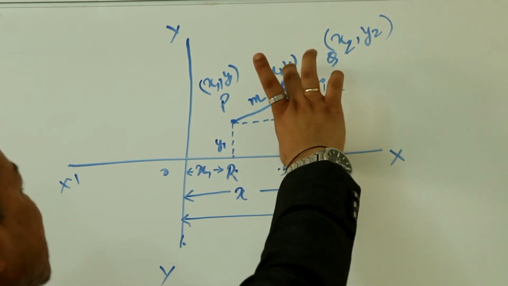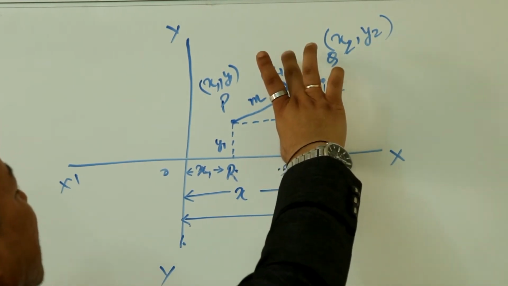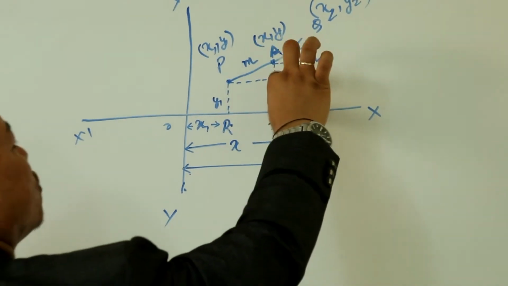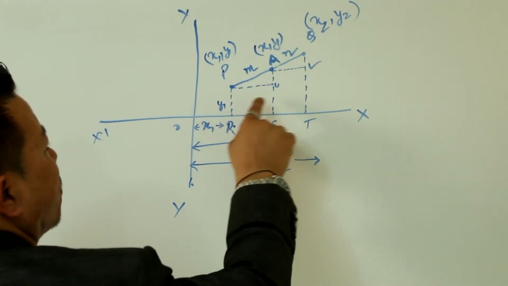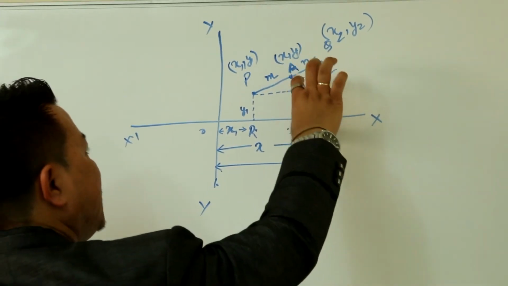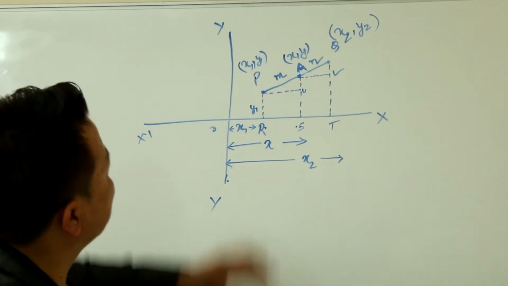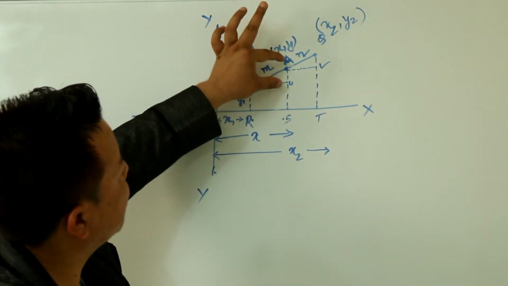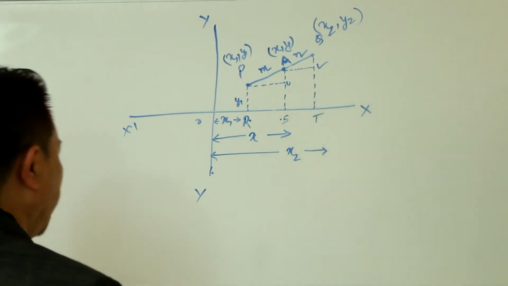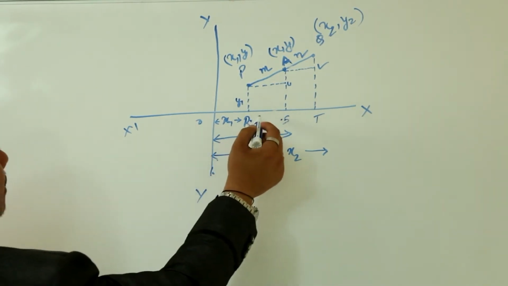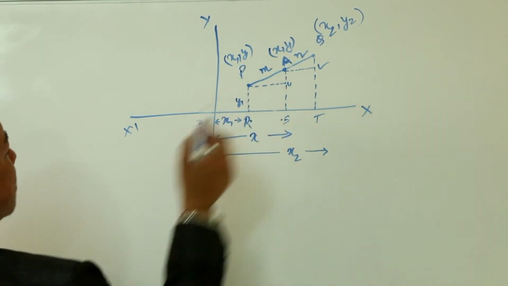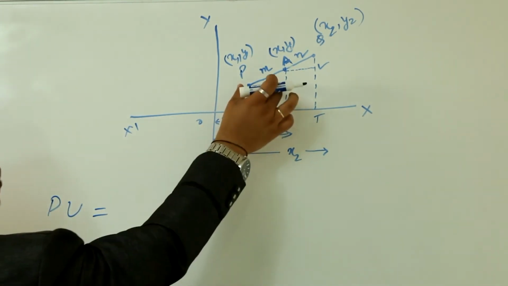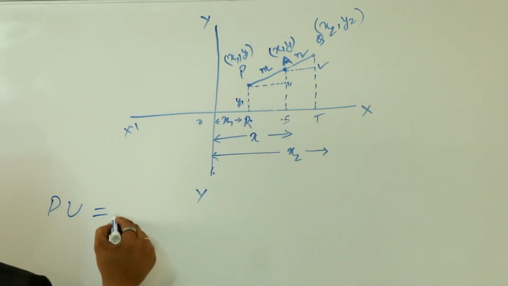The distance AS is Y. And what is the value of US? US is equivalent to PR. So the value of US is Y1. So when you delete this portion US from this line segment AS, you will get the value of AU. So let's do it. Now here, PU is equal to RS.